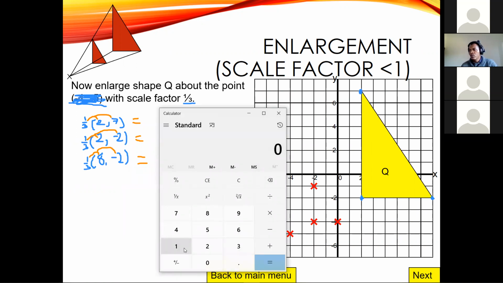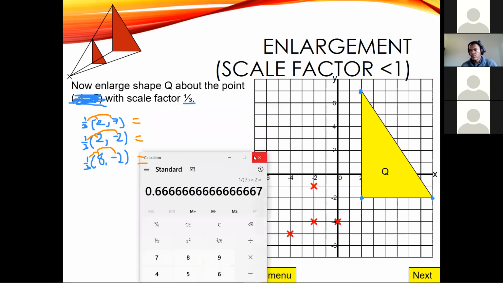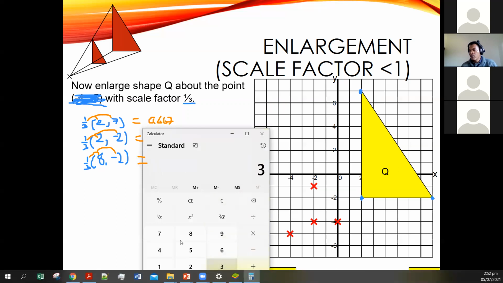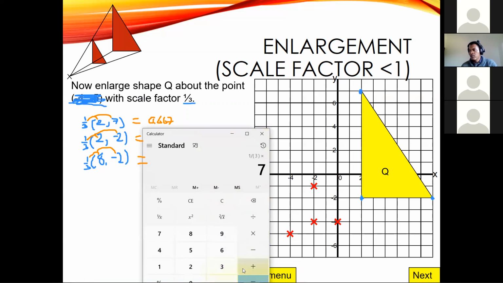So we have 2, it will be 1 over 3 multiplied by 2. That will give us 0.66 or 0.67. Let me also just write that in. So I have 0.667. And the next one will be the same, 1/3 multiplied by 7.